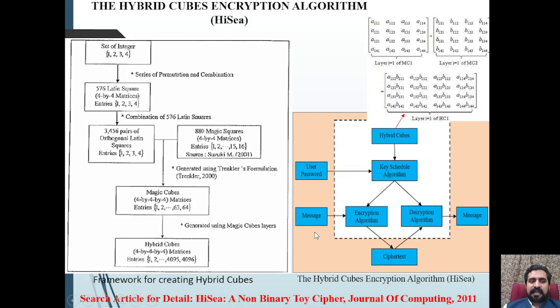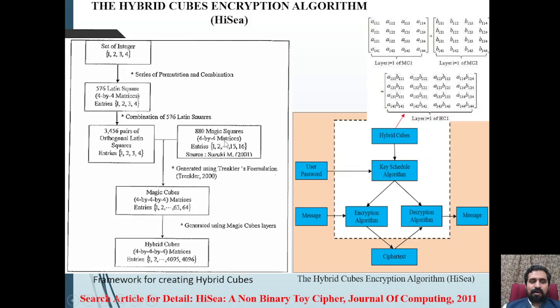Based on the figure, a series of permutations and combinations of the set of integers 1, 2, 3, 4 are used as a foundation for constructing all 576 Latin squares of order 4. All these Latin squares are used to construct 3456 pairs of orthogonal Latin squares.